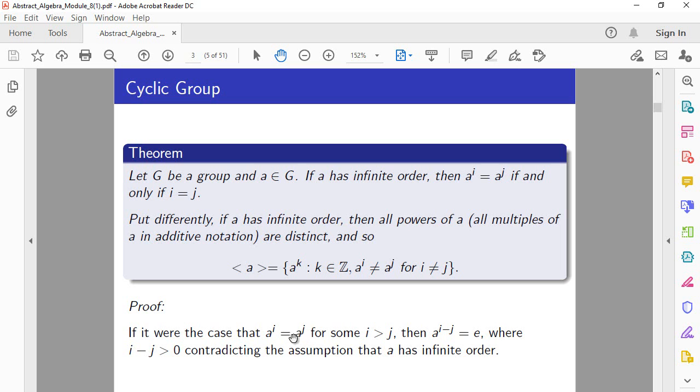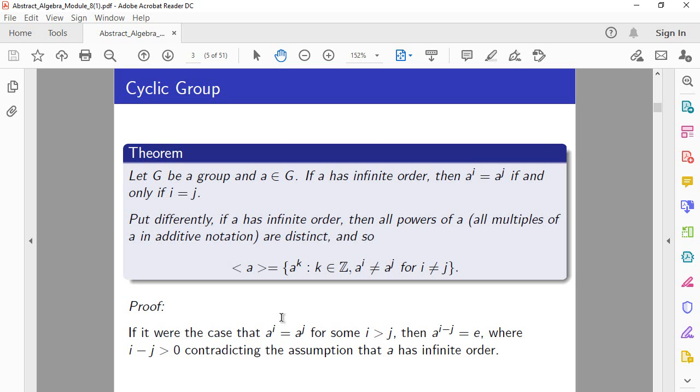What we're trying to prove here is that A to the I is equal to A to the j if and only if I and j are the same. So I'm assuming the opposite, and I'm going to get a contradiction.